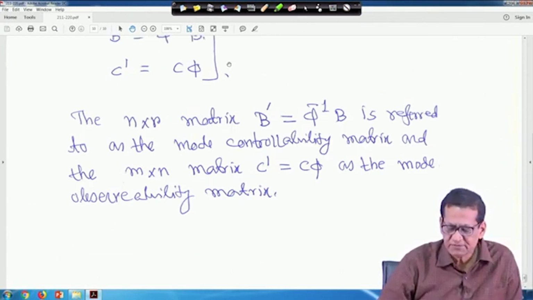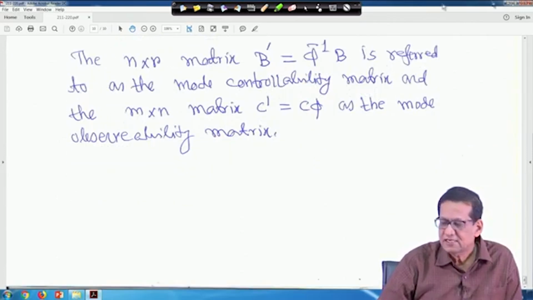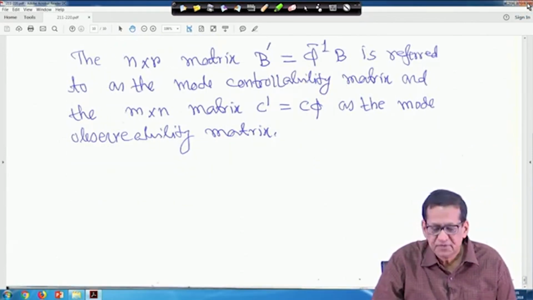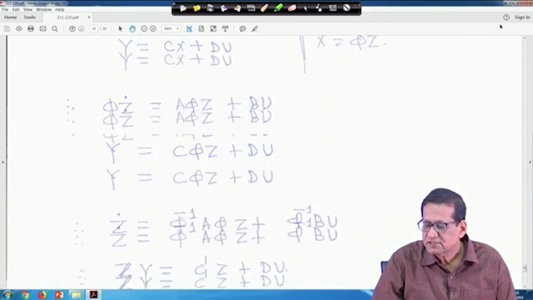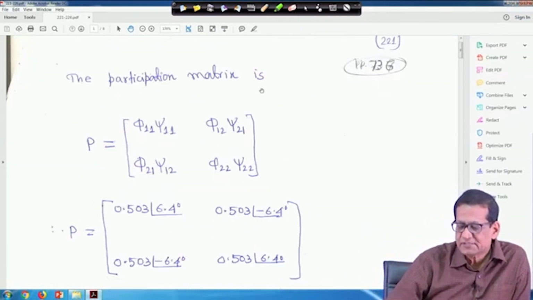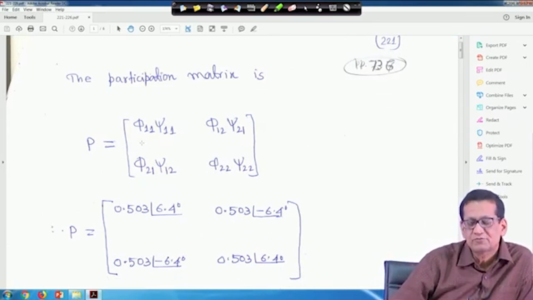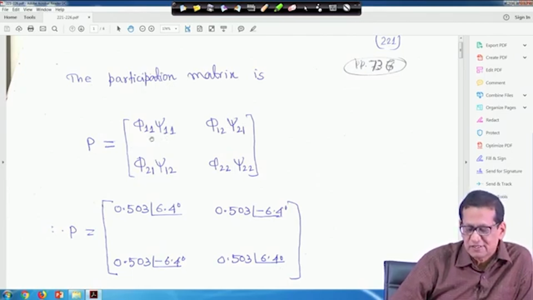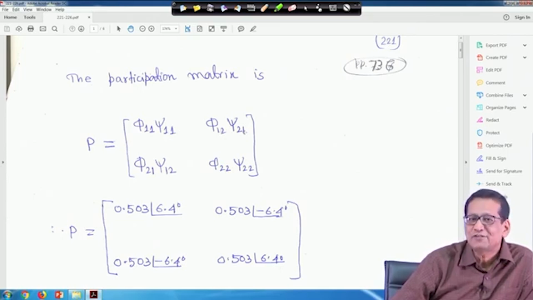Now, the participation factor I have taken in the next page. So, the participation matrix for the 2 into 2 matrix, phi matrix is known, psi matrix is known. It is actually phi 1 1 psi 1 1, then phi 1 2 psi 2 1, easy to remember.